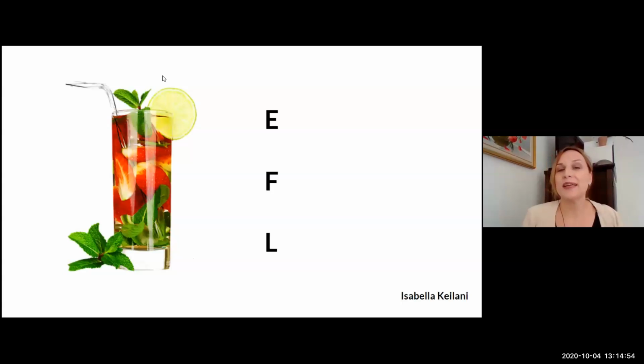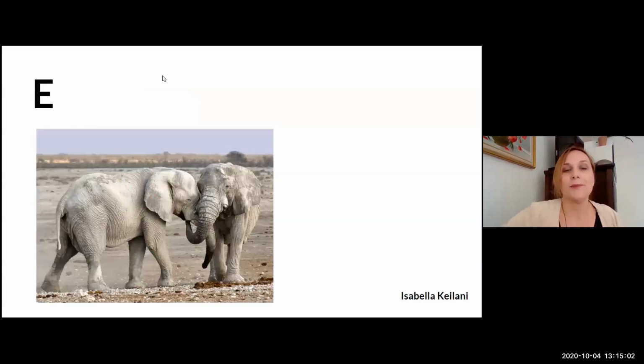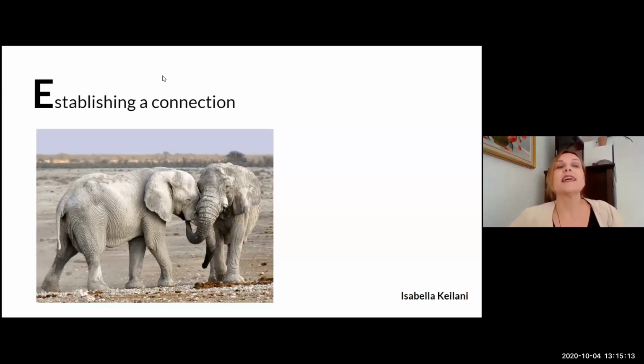So you're wondering what this is all about. Is it elder syrup or fresh fruit and lime? It's going to be something stronger. The first E, and it's not in the right order, but I'll start with the E anyway. So E is for, can you have a guess? It's for establishing a connection. So why is this important?